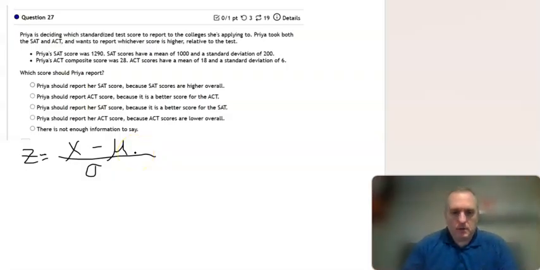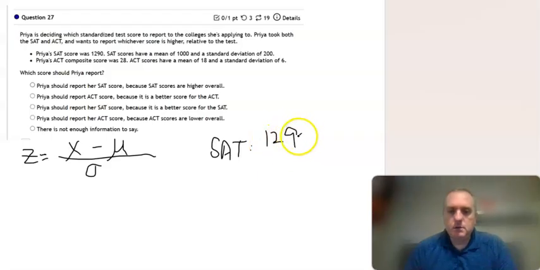So first one we're going to calculate is her SAT score. So her SAT score was 1290, so that's our data value.